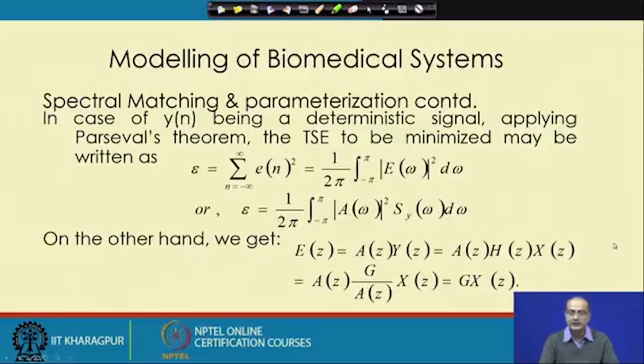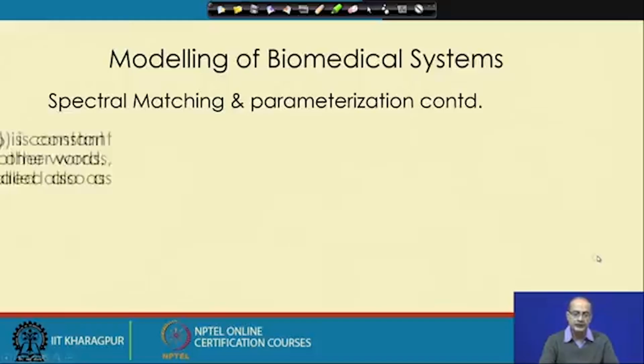So, we are left with G into X(z). So, the prediction error is a scaled version of that input signal.